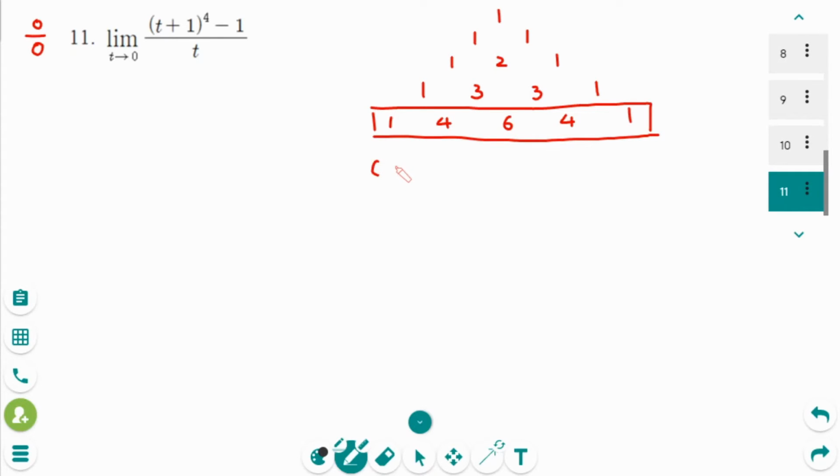So when a plus b to the power of 4 is expanded, a to the power of 4 plus 4a cubed b plus 6a squared b squared plus 4ab cubed plus b to the power of 4.